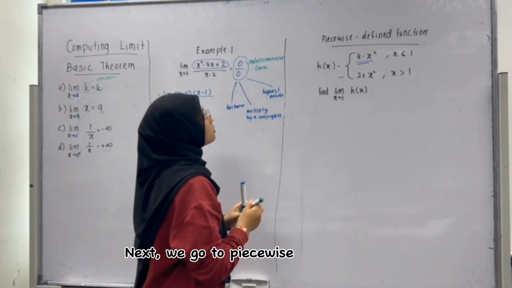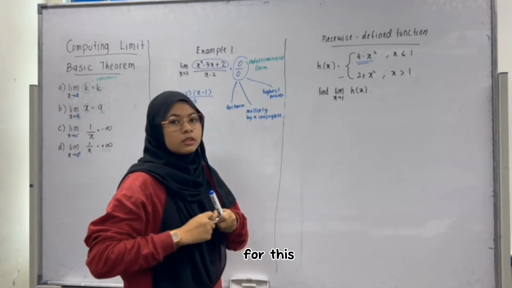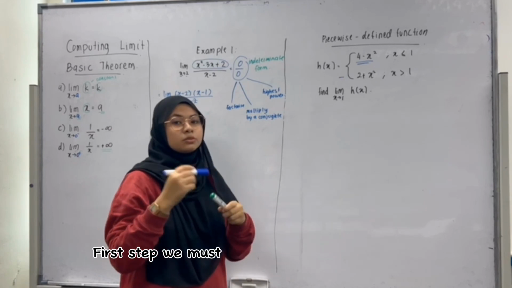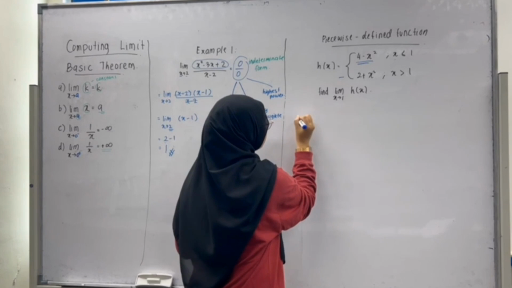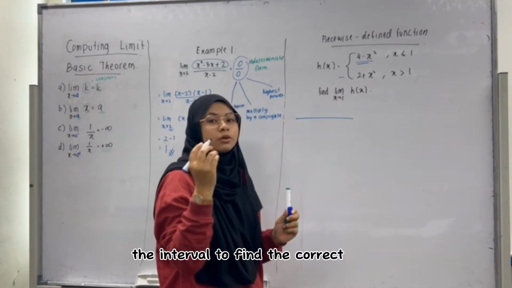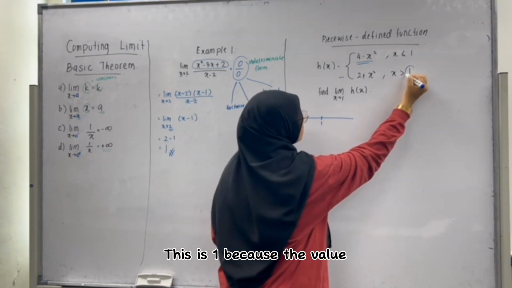Next we go to the piecewise function. Okay. For this, the first step we must do is find the interval, to find the correct function. Okay, here it is 1 because we get 1.